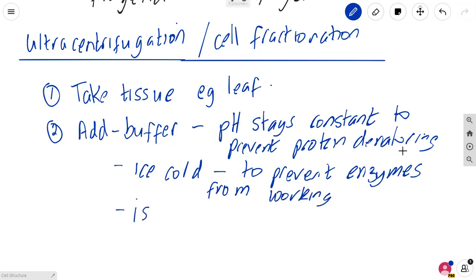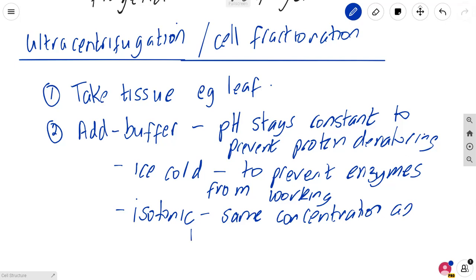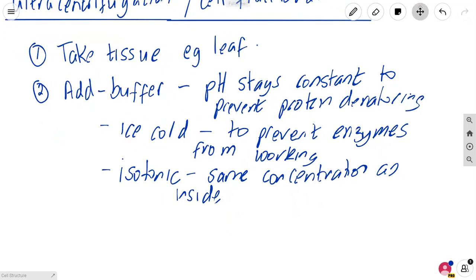And it's got to be isotonic. Isotonic means that it is the same concentration as inside your organelles and inside your cells. And you've got to look at the question to decide whether you're talking about organelles or cells.